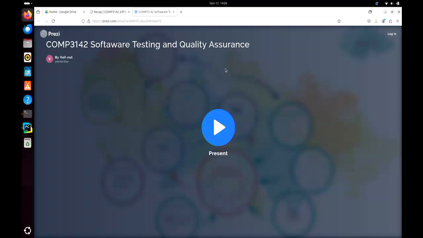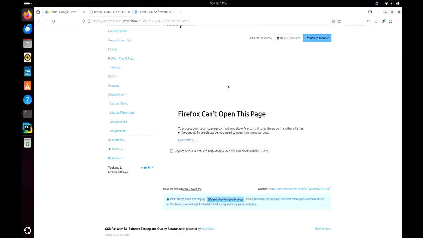It's not viewable on WebCMS. Sorry, I forgot to change the visibility.